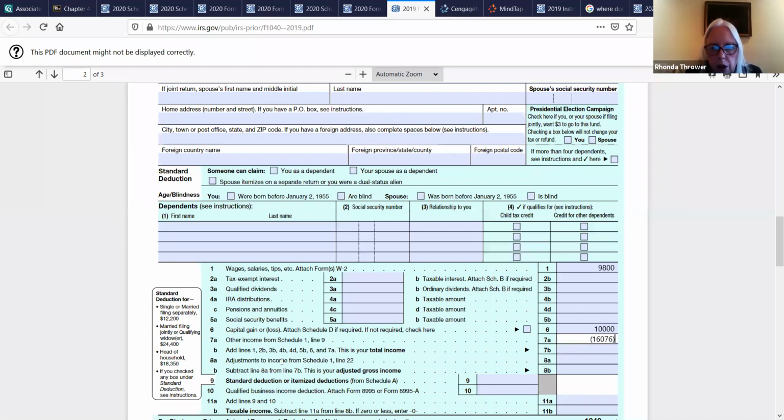All right, now on Form 1040, line 7B, we're just going to combine the amounts that we have here. So 9,800 plus 10,000 minus 16,076 gives you 3,724.